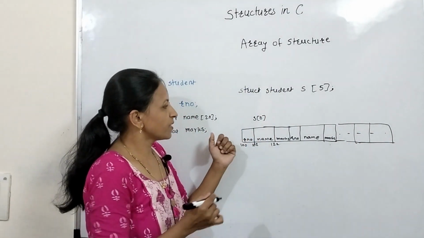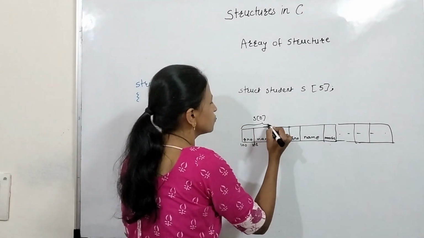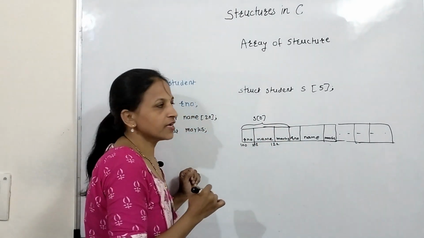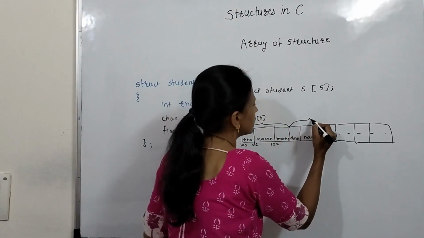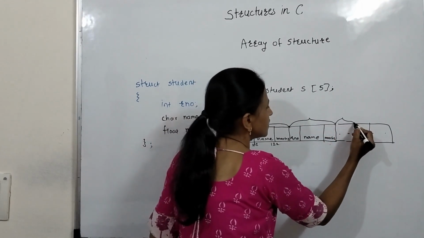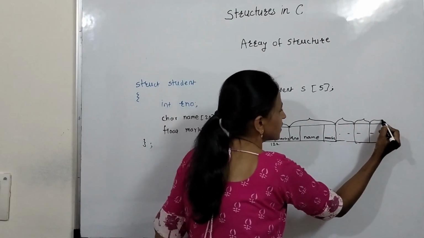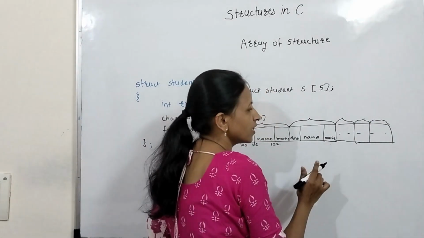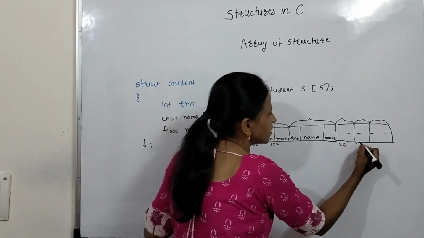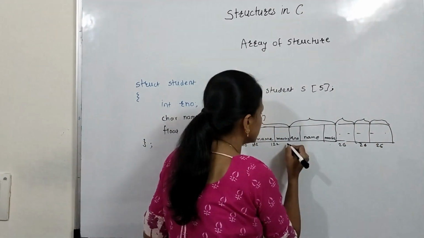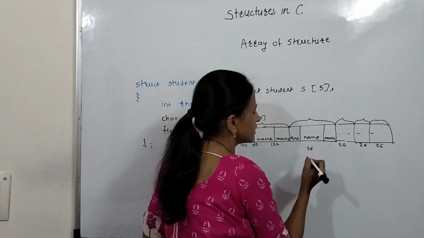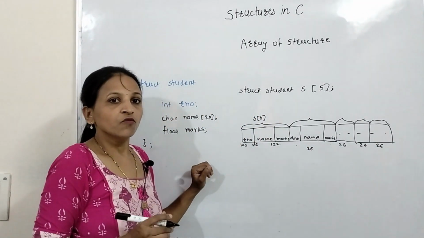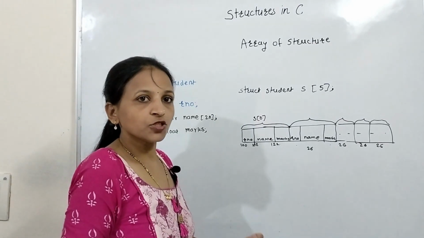Now the first element like this is S of 0. Then the next one is S of 1, then consider this one is S of 2, S of 3 and S of 4. These are 26 bytes, these are 26, and these all are again 26 bytes. Now see, we know the array elements are stored contiguously.